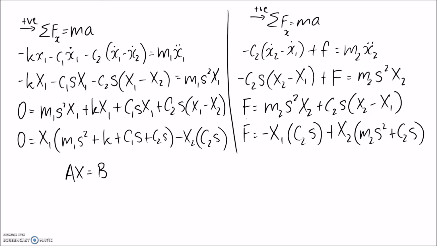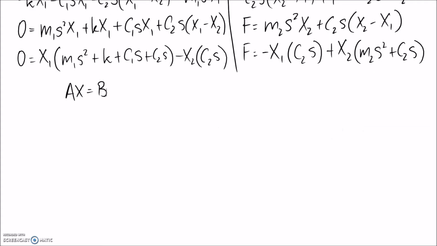So let's go ahead and put this all into the matrices. So starting with the A matrix, just going to change this around to make it look more conventional. Usually you put the mass term, then the damper terms, and then the spring terms. Okay, this one is negative C2S.